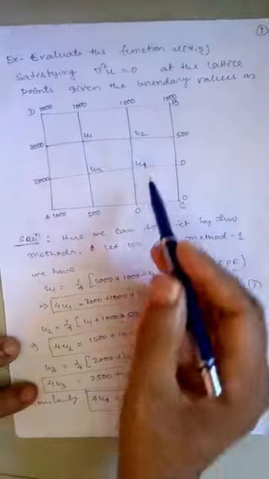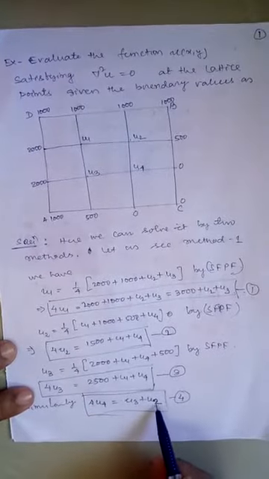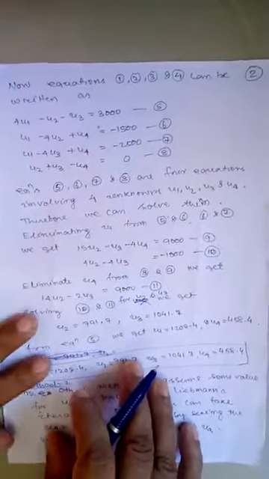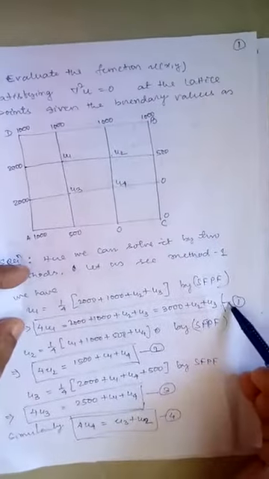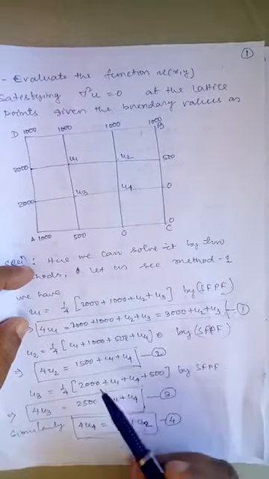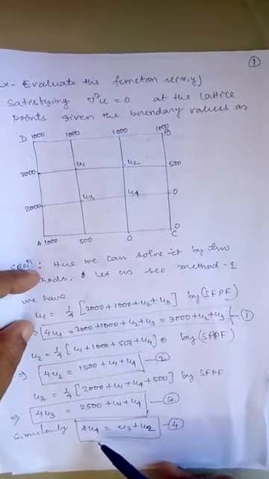Similarly u4 we can get as the average of 0 plus 0, u3 plus u2. And so 4u4 equal to u3 plus u2. Let us think of this one as equation 4. Now you can see that equations 1, 2, 3, 4 are 4 equations, and how many unknowns? u1, u2, u3 and u4.